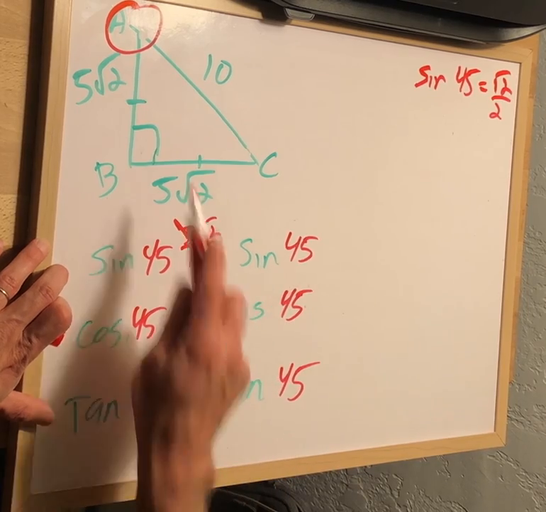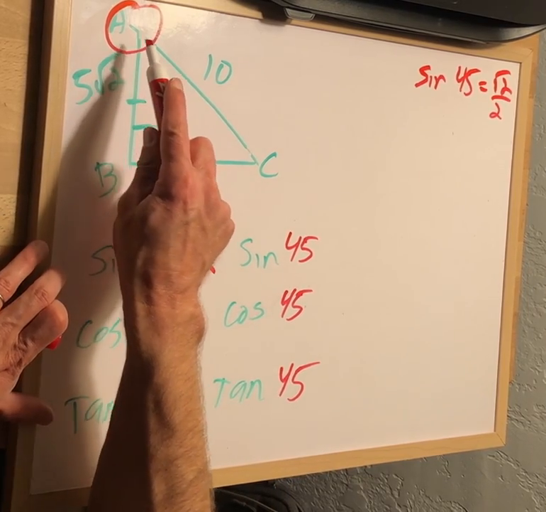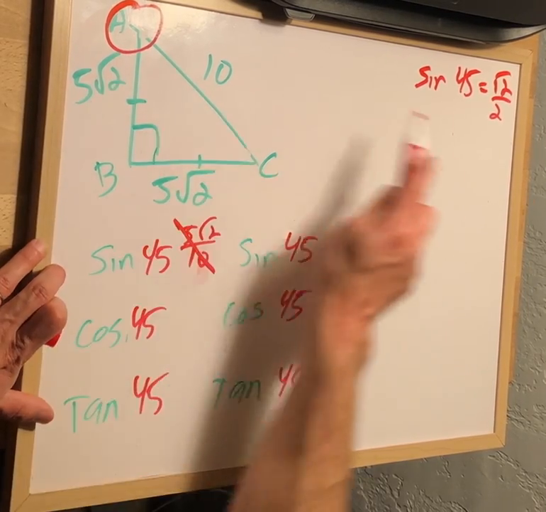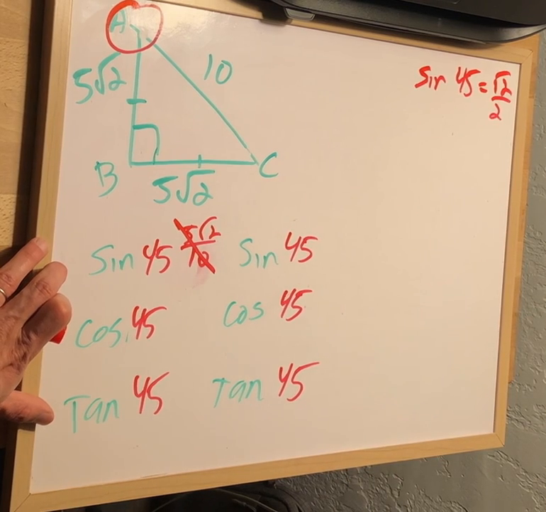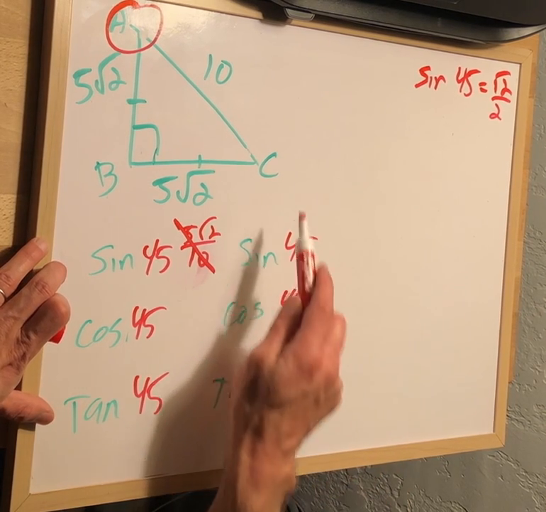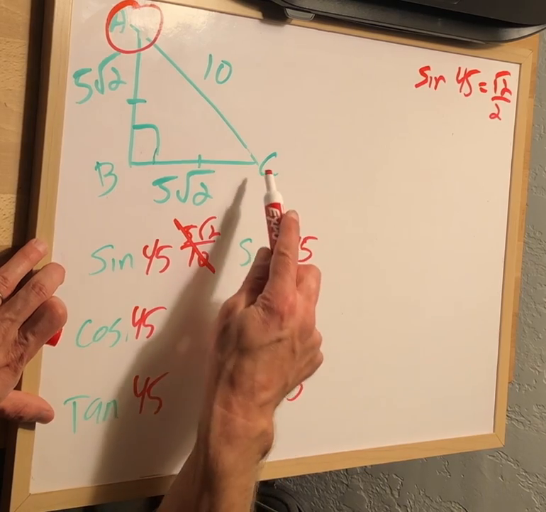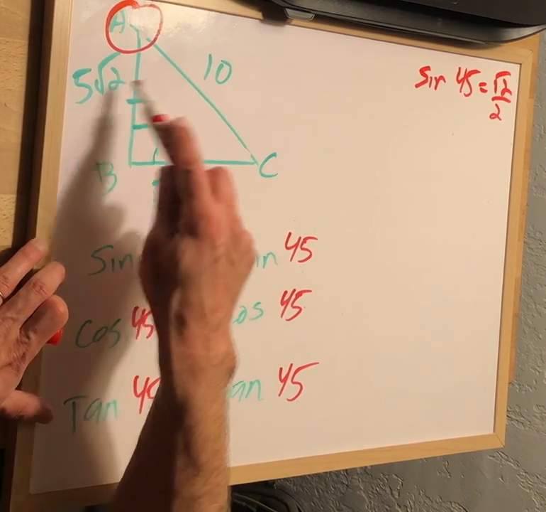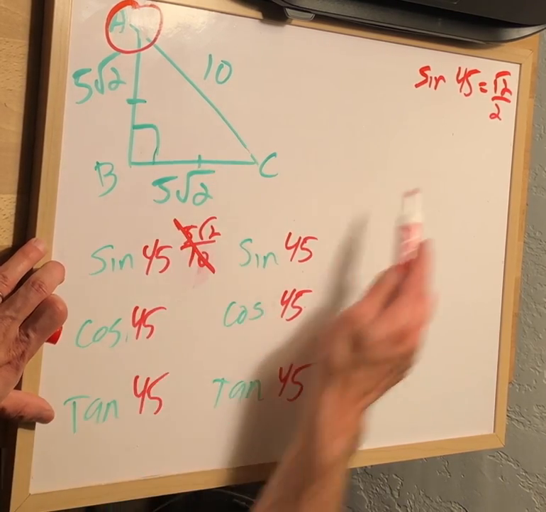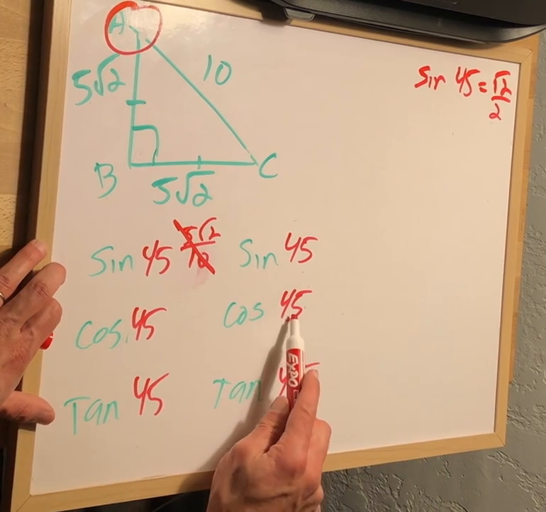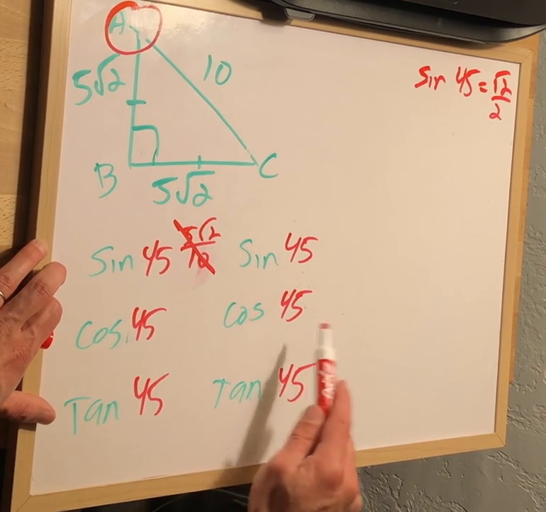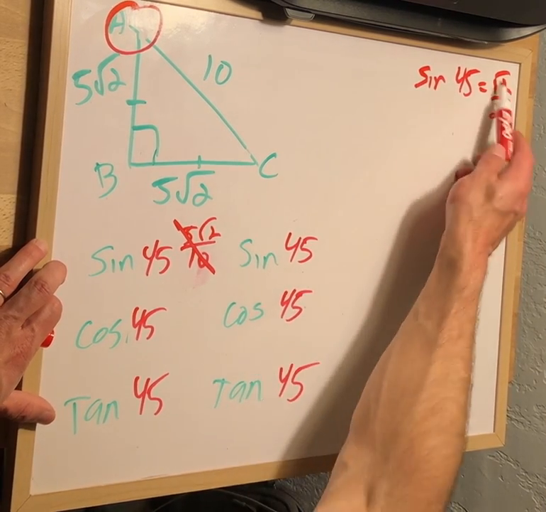What is sine of this 45 degrees? Or cosine? Adjacent over hypotenuse, which reduces to root 2 over 2. What's sine of this angle C, which is also 45 degrees, by the way? Opposite over hypotenuse. 5 root 2 over 10 reduces to root 2 over 2. Same with cosine. Cosine of 45 degrees is going to give you root 2 over 2.